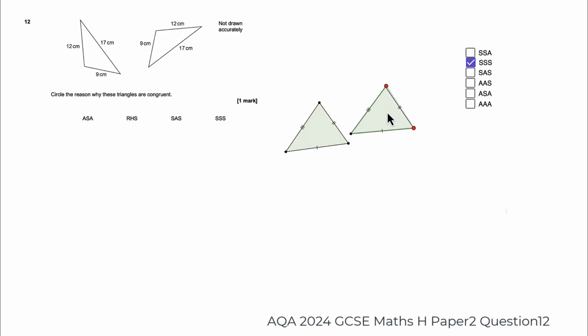And that very much looks like we can build only one triangle that fits on top of the other one to make it congruent. However, you might think there is another one that we can use, and that's down here.